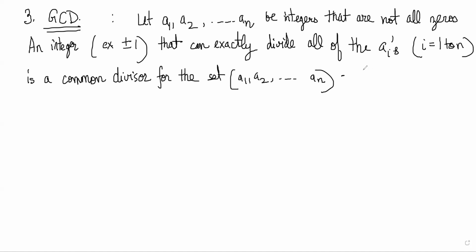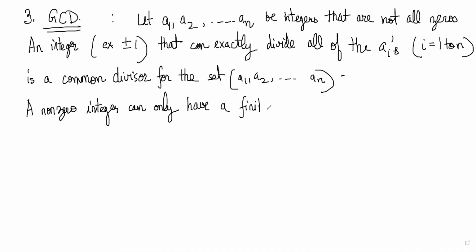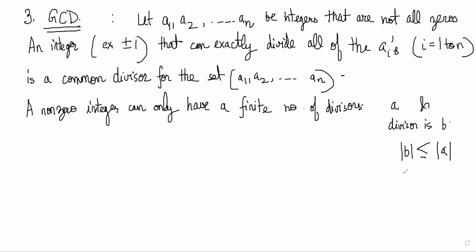Now, a non-zero integer can only have a finite number of divisors. Why is that true? Because if my integer is A and divisor is B, we know that mod B is less than or equal to mod A, right?